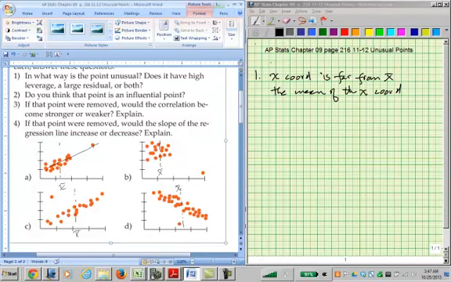So in A, the point is definitely far from x bar. In B, the point is far from x bar. In C, it's a little bit far from x bar, but not like these other 2 points. These other 2 points not only are far from x bar, if you excluded them, they're far beyond the max. So if this point were left out, here is where the max would be, x sub max. Okay, and here's where the max is here.